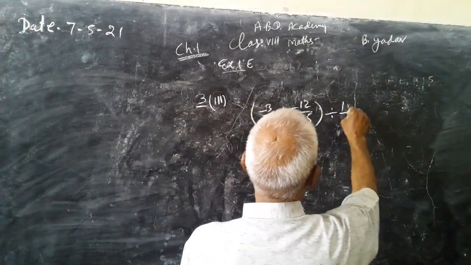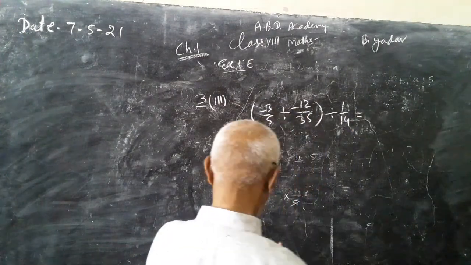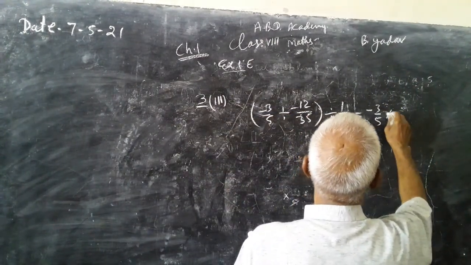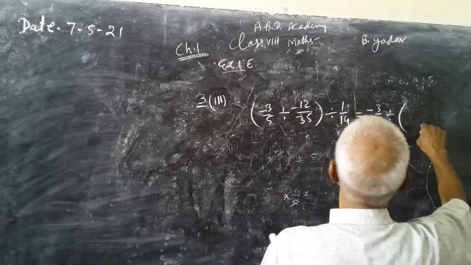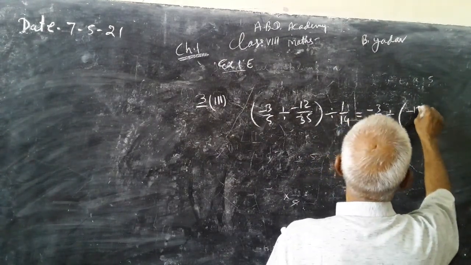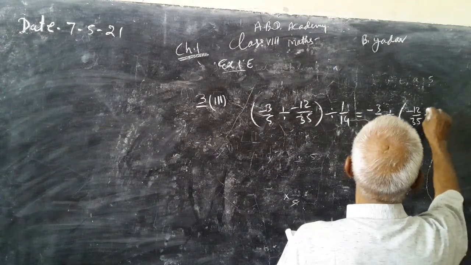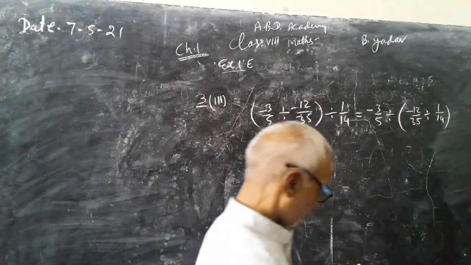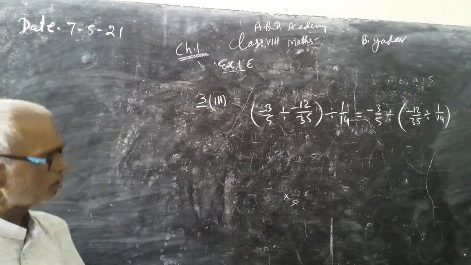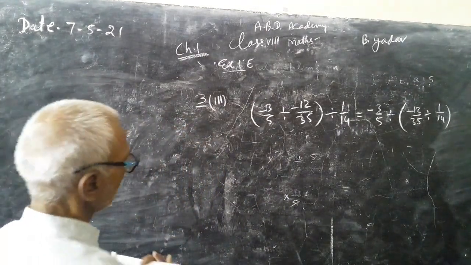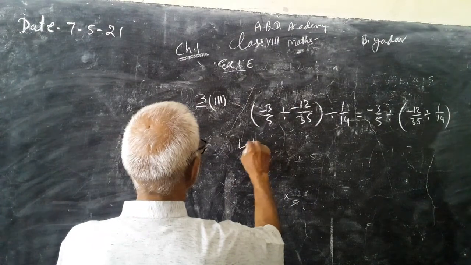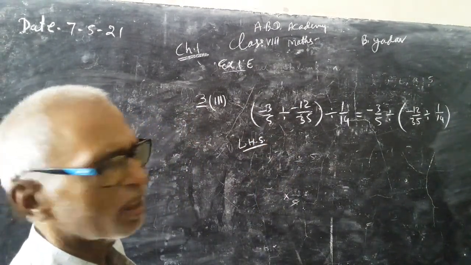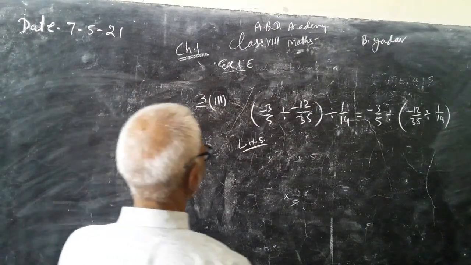divided by 1 upon 14 is equal to minus 3 by 5 divided by, under bracket, minus 12 by 35 divided by 1 upon 14. I shall solve the left hand side and right hand side first, and I shall show you that the two sides are unequal, meaning false.